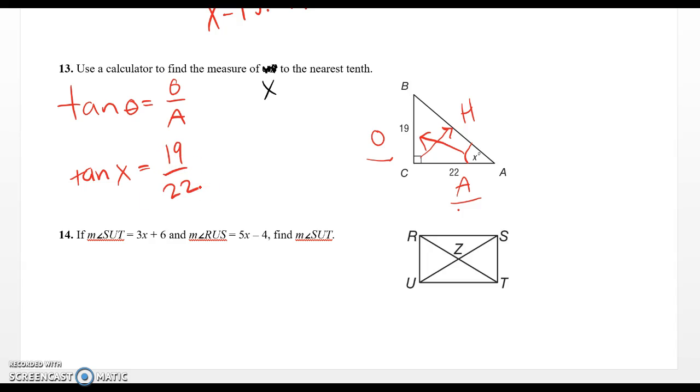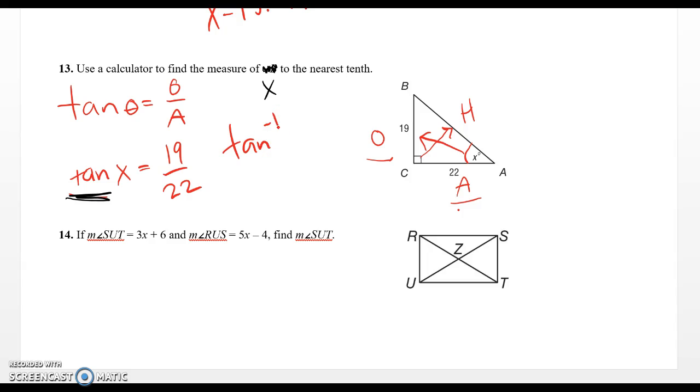Once you set it up, that's all the battle, because after that, this is just a one-stepper in the calculator. The only difference is, instead of using the tan button, you push second, the yellow second button on your calculator, and it's second tan. It actually undoes this tan right here. When you use it, you'll see it brings up a little -1.